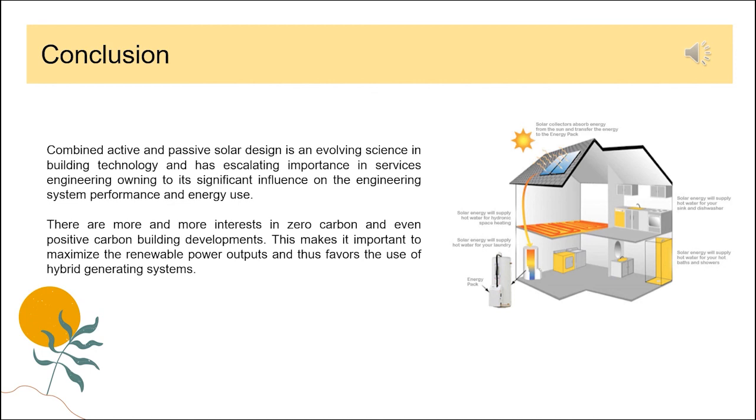And as we evolve and have more interest in zero carbon and positive carbon building developments, it's important to maximize the renewable energy outputs and thus favor the use of hybrid generating systems like the combined passive and active solar design as shown here.